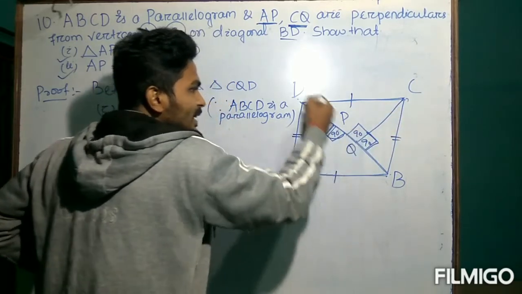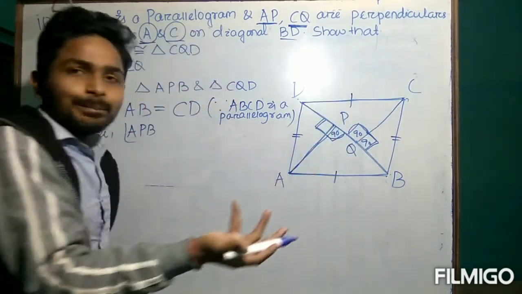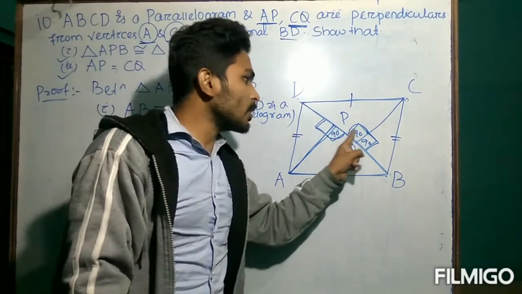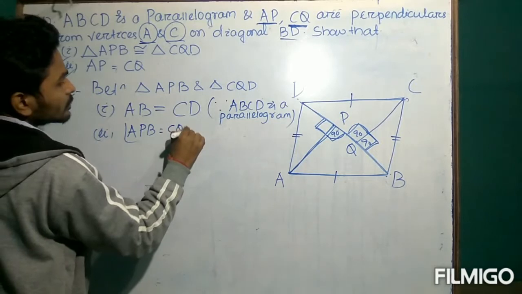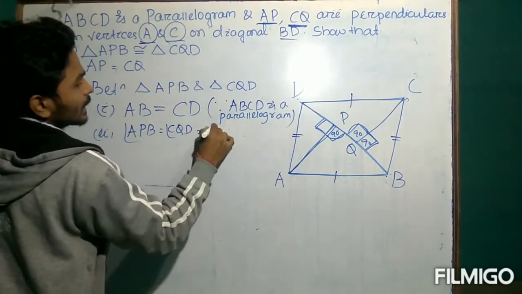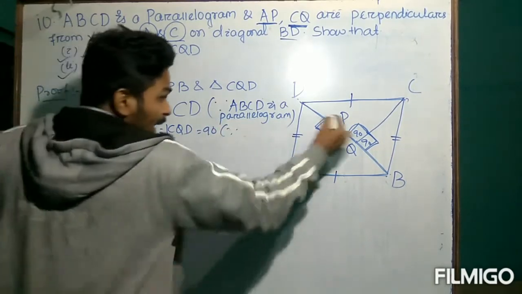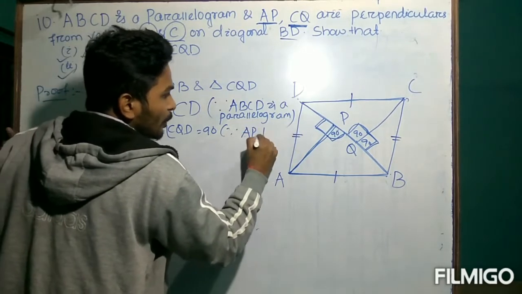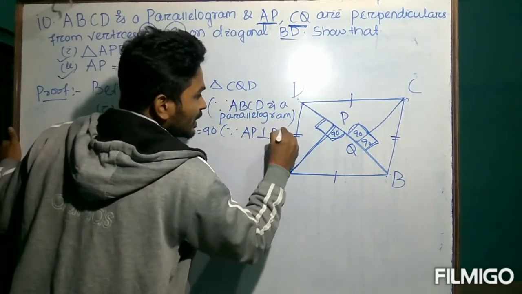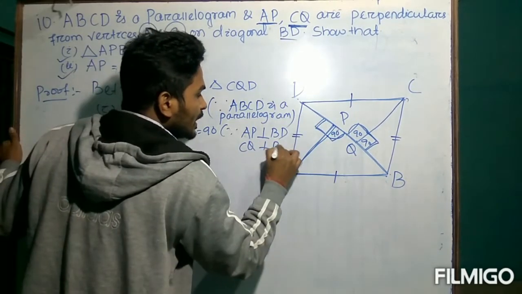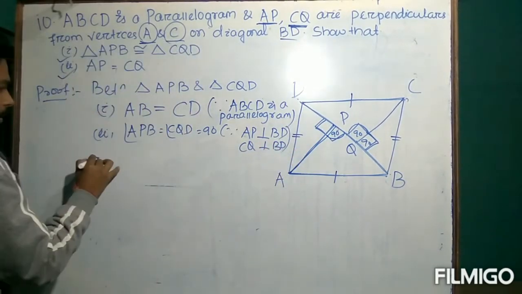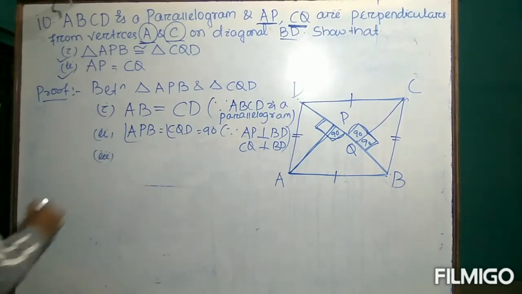So for triangle APB, angle APB is 90 degrees. Similarly, CQ is the perpendicular line on BD, so for triangle CQD, this angle is also 90 degrees. So this angle is equal to this angle, and angle CQD is also 90 degrees. Why? Because AP is perpendicular on BD and CQ is perpendicular on BD. Understood? Moving to the third condition.